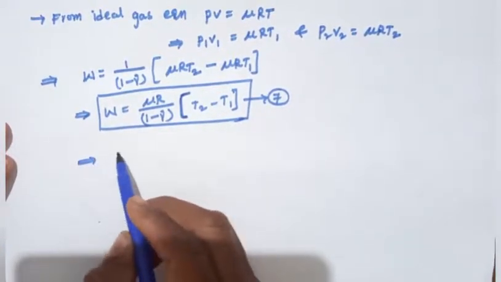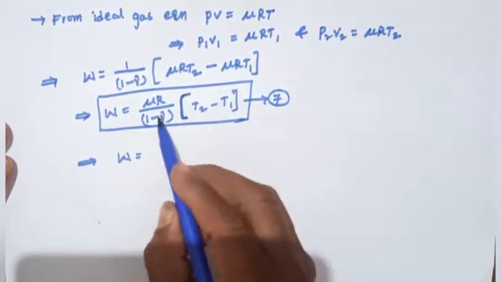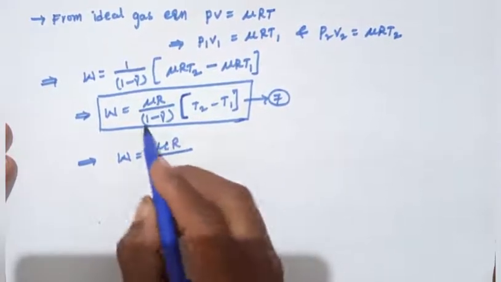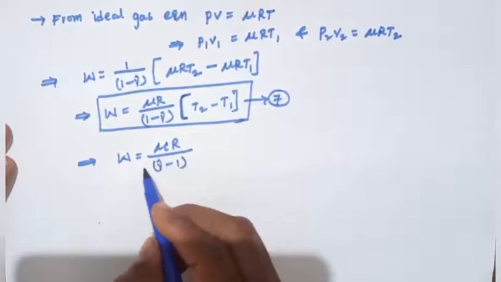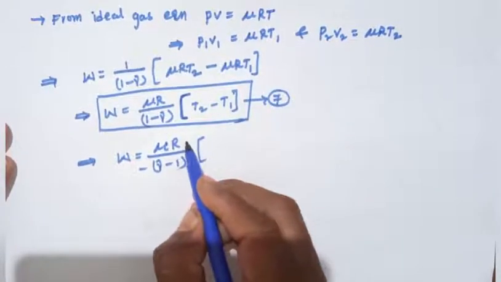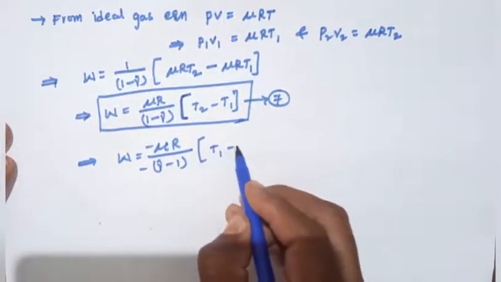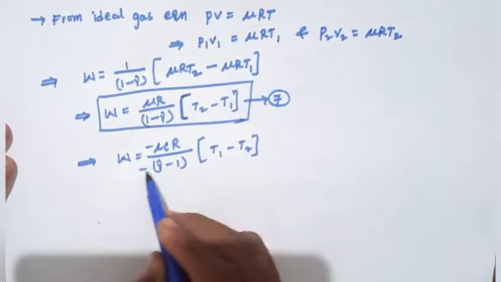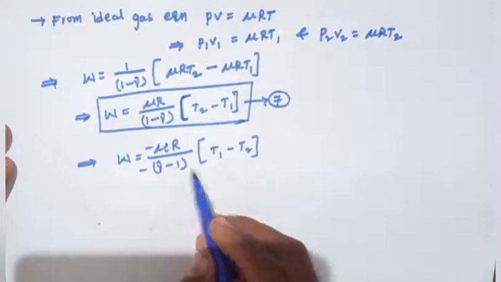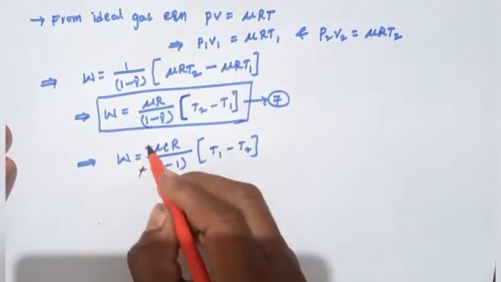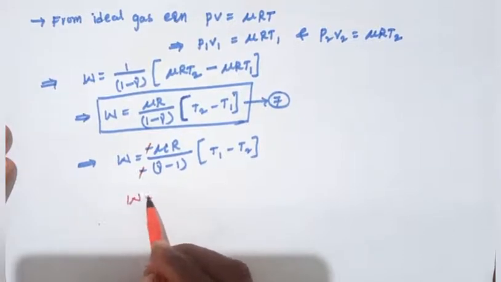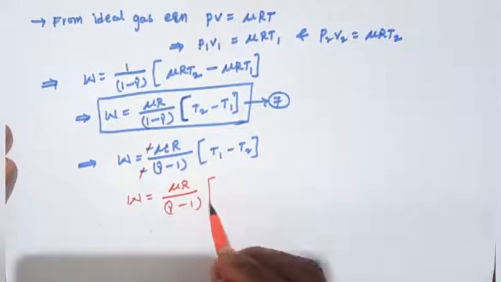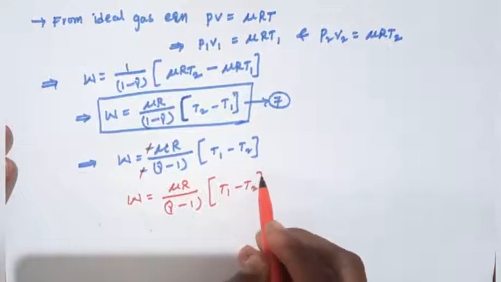It is also written as, minus is taken common here, minus is taken common here, minus minus gets cancelled: mu R divided by gamma minus 1 into T1 minus T2. Here 1 minus gamma becomes gamma minus 1, so the final equation is W equals to mu R divided by gamma minus 1 into T1 minus T2.